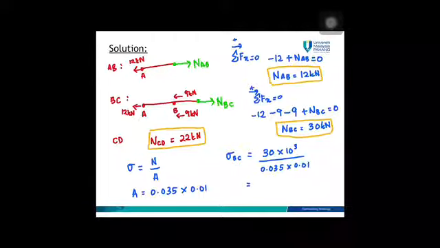The maximum normal stress is equal to 85.714 megapascal at segment BC. This is your final answer.